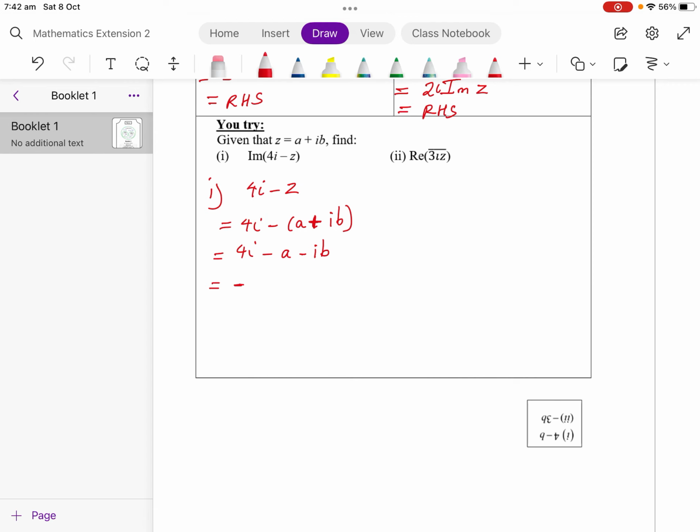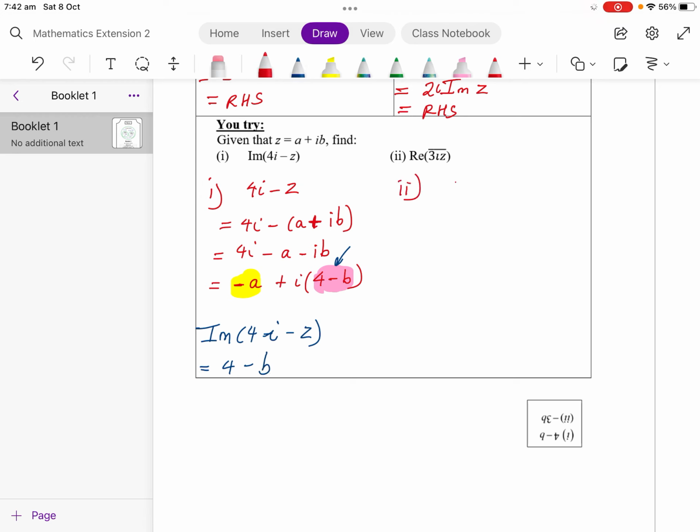And remember, I'm going to write this in the form real plus imaginary. It's a really good habit to get into where you understand how to put the real part first, followed by i lots of the imaginary part. And then from there, I think it's really easy to extract just the imaginary part. The imaginary part is the part that's connected to the i, which is this pink bit here.